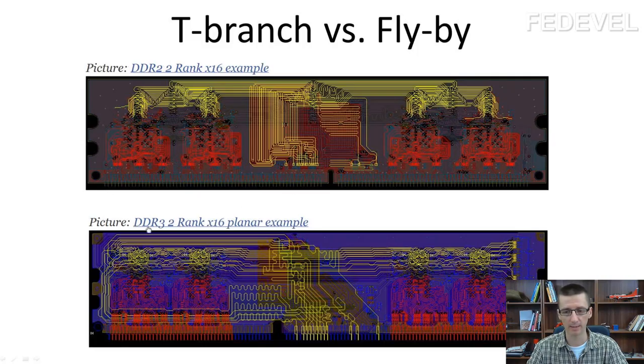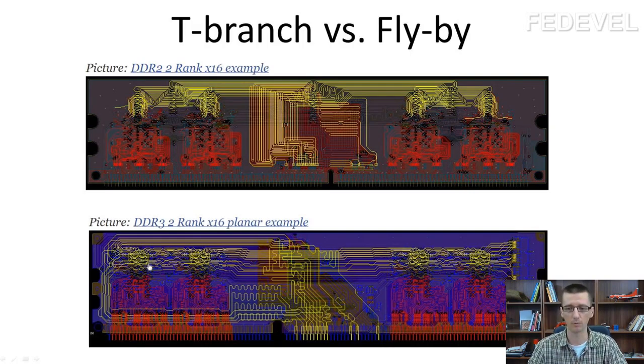This one here, this is DDR3 memory module, and it is using flyby topology. The difference is that all the signals here, they go to this memory chip, the first memory chips.